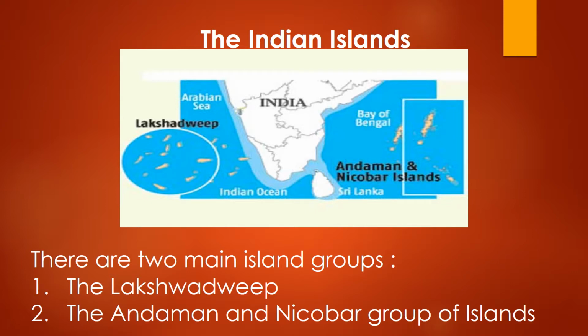Though normally referred to as Andaman and Nicobar Islands, it consists of two distinct groups separated by a deep channel called the Ten Degree Channel. The Andaman group, Great Andaman and Little Andaman, and the Nicobar Islands contain 22 islands and 10 are inhabited. The Andaman and Nicobar are located on the Bay of Bengal side and the Lakshadweep in the Arabian Sea. These two are the main islands of India.